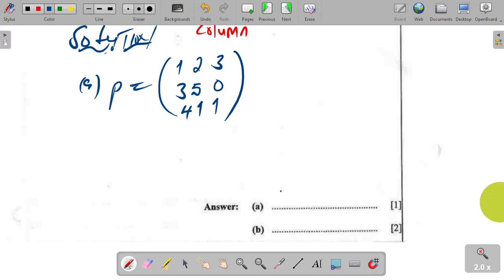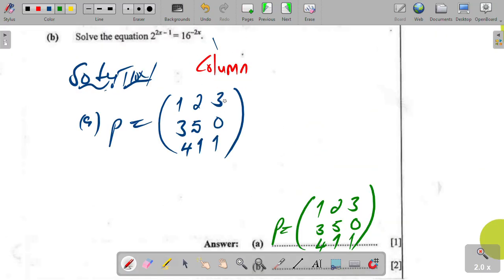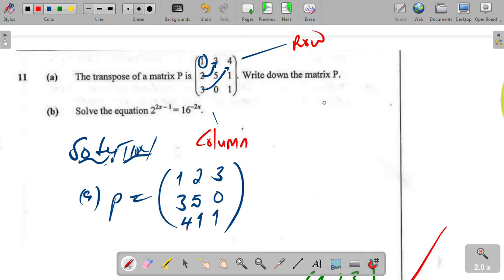So you write here your answer: 1, 2, 3, 3, 4, 5, 4, 1, 1. Close. Then you have your 1 mark there.